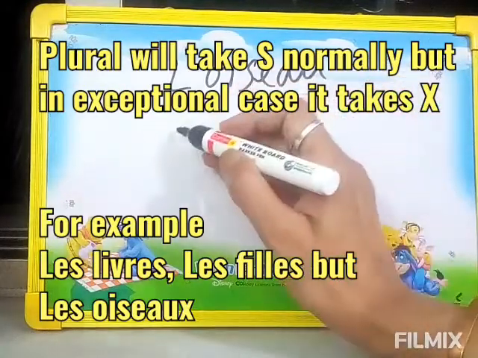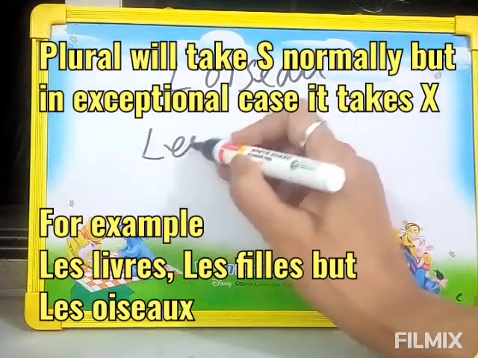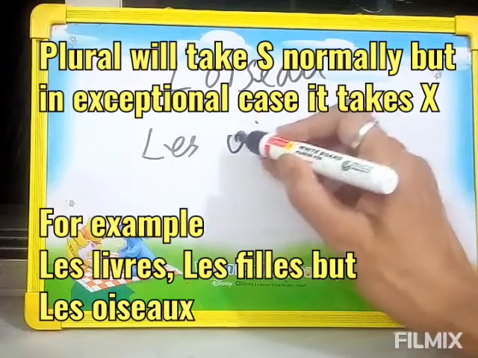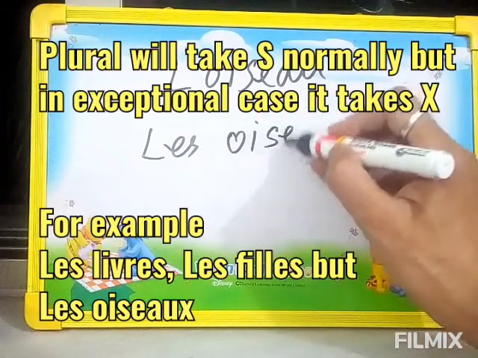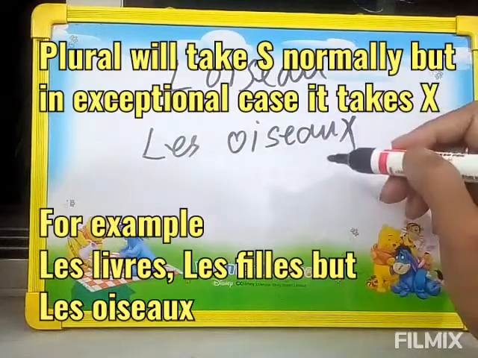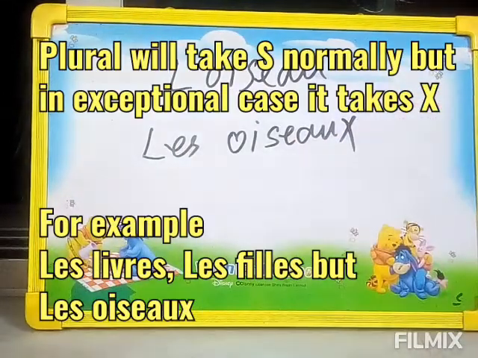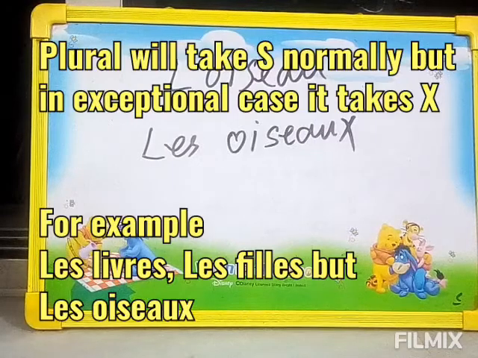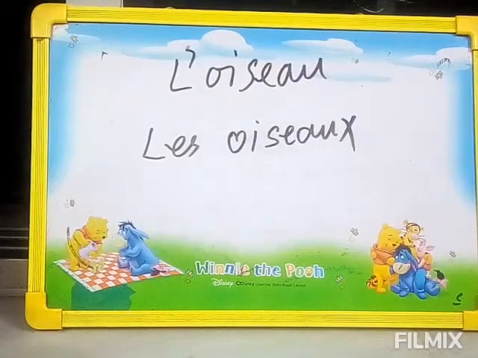But whenever you make the plural, this word will be oiseaux, that is, it will take x instead of s in plural. It is an exceptional word, les oiseaux. Okay, that's all for the article.